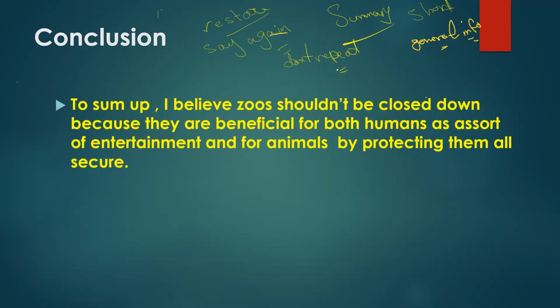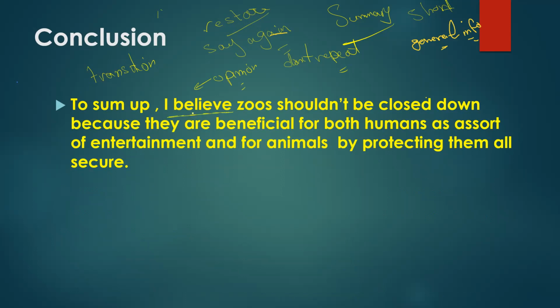To sum up, it's a transitional word that you use at the end, so it's a transition as well. Then I believe zoos, oh, here is also an opinion, because you will restate your opinion again at the end. So you will start the ending with what? What do you still think?